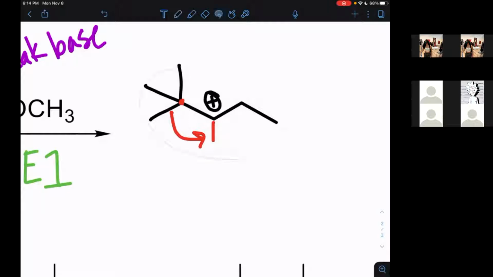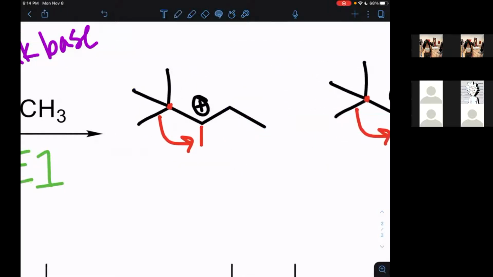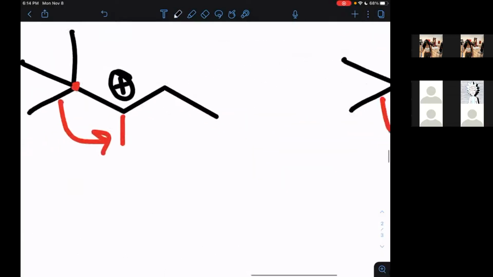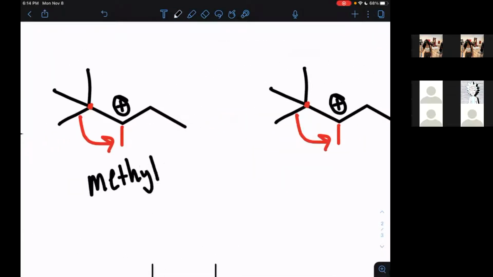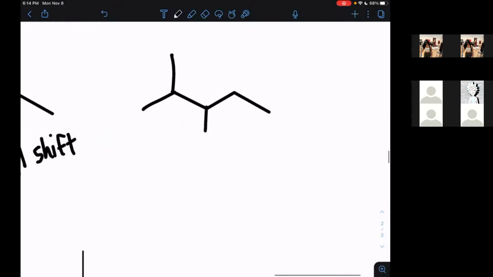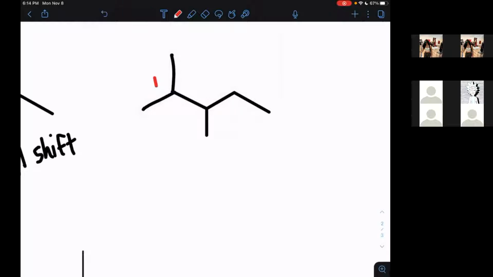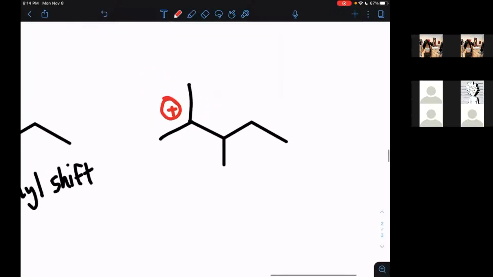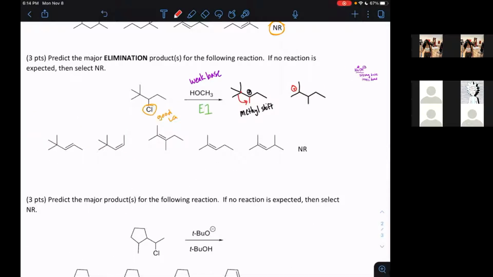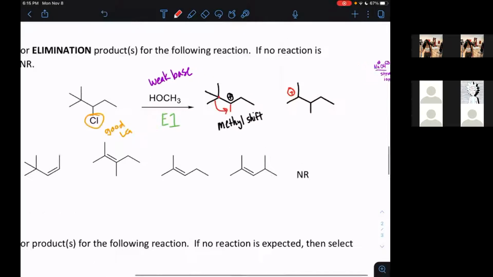Okay, so then we'll do a methyl shift. So you did the methyl shift? What was that? Yeah, so we did a methyl shift just because we can.